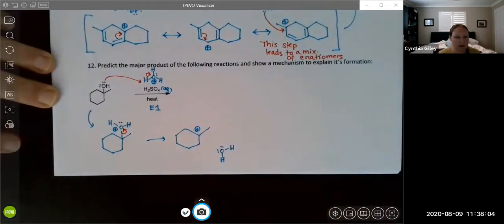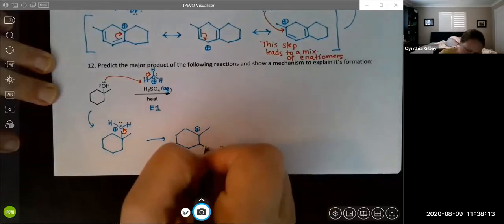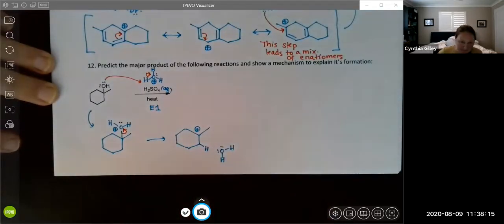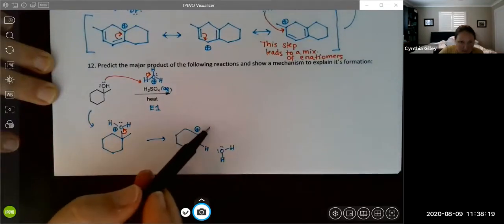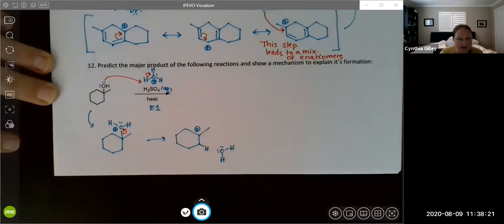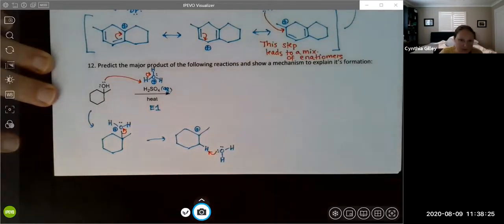And now we can do the E1 reaction. E1s always form the Zaitsev product as the major product. So we're going to draw in one of the hydrogens on one of these two beta carbons, not worrying about the hydrogens on that other beta carbon, because removal of one of these two leads to the more stable, more substituted product, which we call the Zaitsev product.